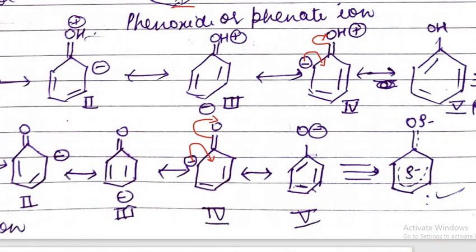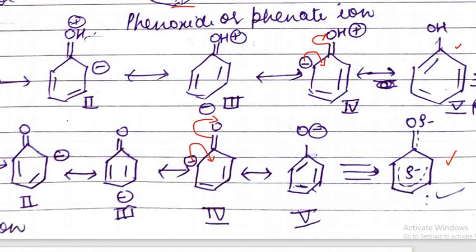So in the phenate ion, in the ring also negative charge is present, on the oxygen also negative charge is present, but in phenol this OH will carry a partial positive charge and this will carry a partial negative charge. So opposite charges are present, so it will have a tendency to combine, therefore it will be less stable. But in this, similar charges are present, so it will be more stable.